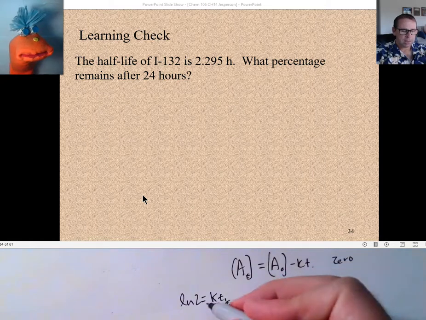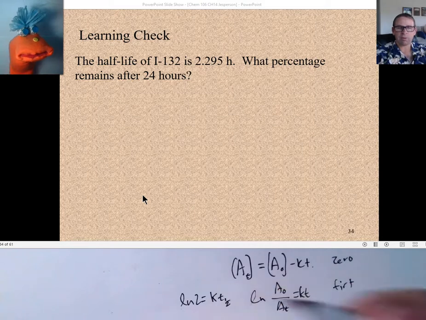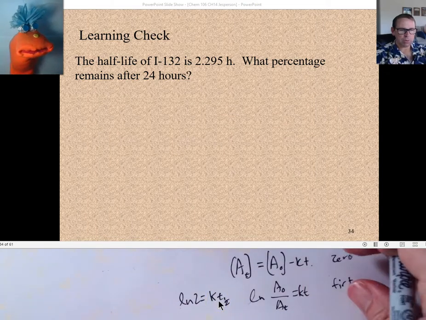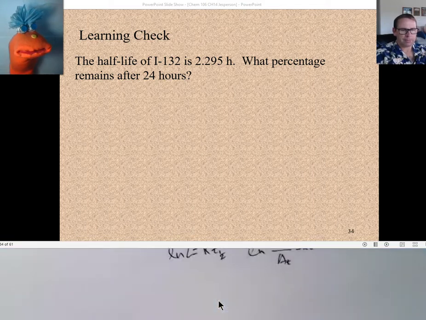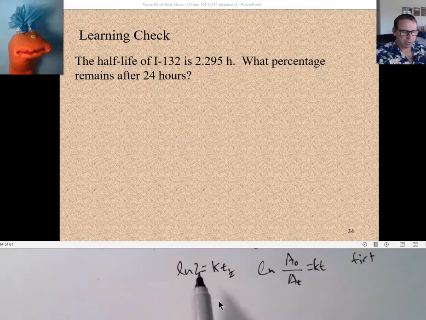This can allow us to identify k if we have the half-life, or identify the half-life if we have k. And for this type of question, both of those equations are going to be important, not the zero order, but both of these ones.